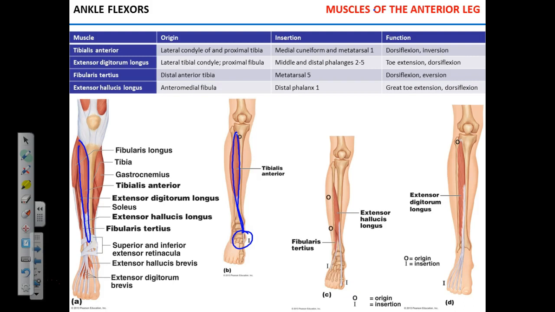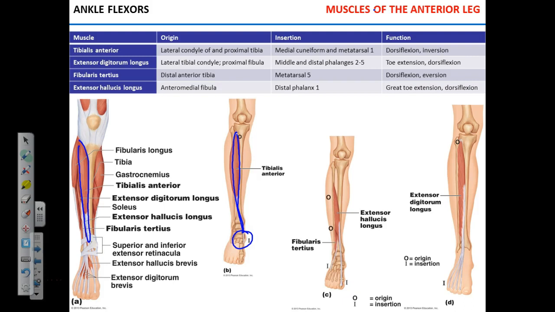So this will do inversion and dorsiflexion. You can clearly see tibialis anterior under the number 19, right here. Does that make sense?